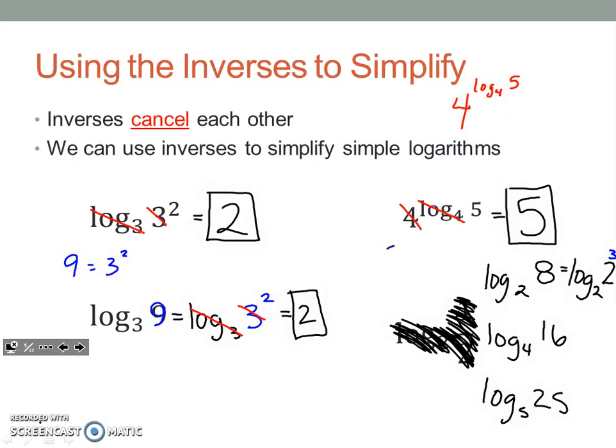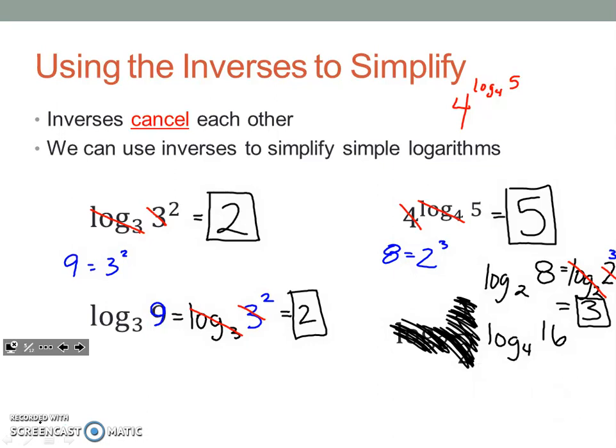So 8 is the same thing as 2 cubed. So I could rewrite that 8 as a 2 cubed. Now their bases match, and I get that my answer for this is 3.